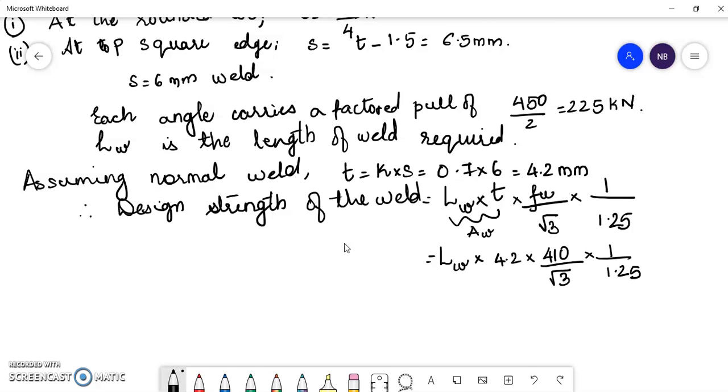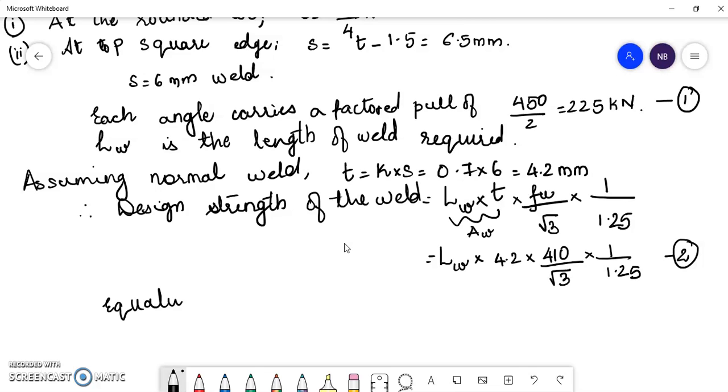Now we have to find out LW. In order to find out the length LW, we have to equate this equation to the factored load. So let me label this equation as 1 and this equation is 2.